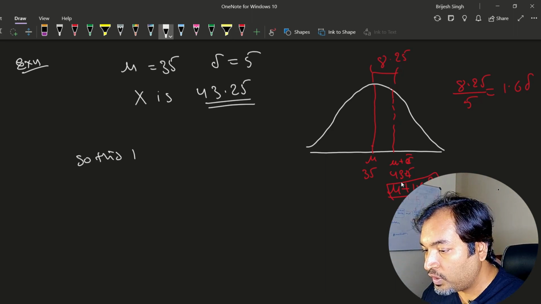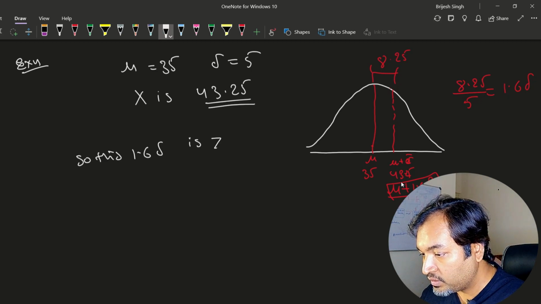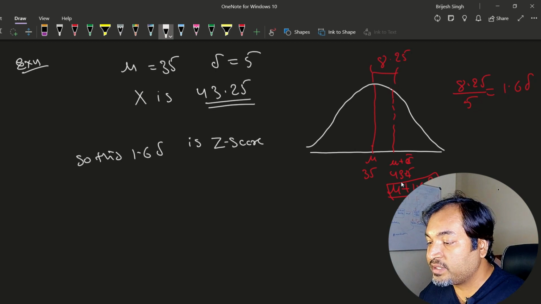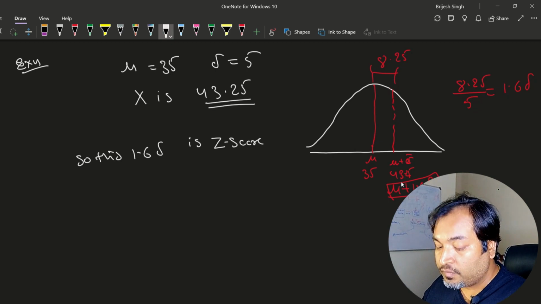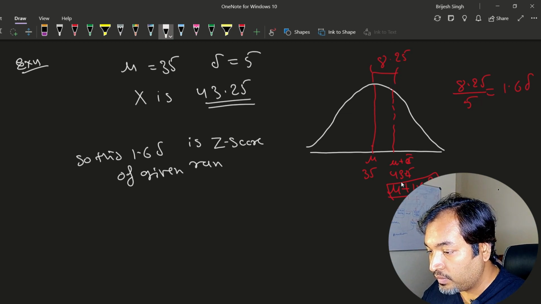This value, 1.6 standard deviations, is called the Z score of the given random variable.